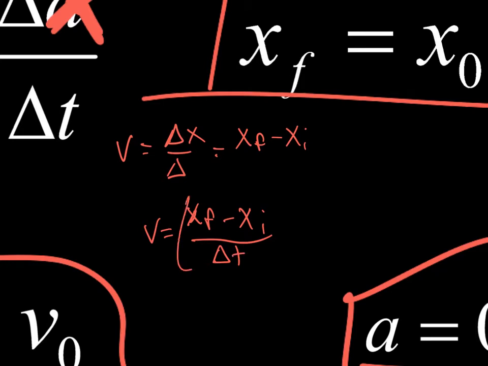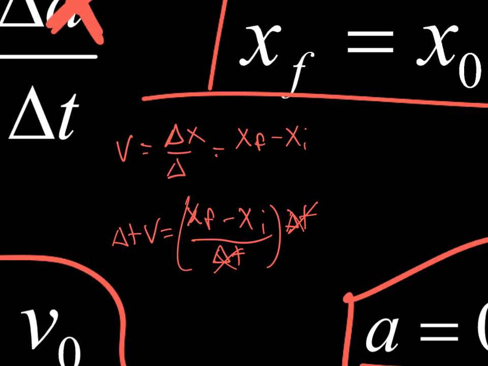So I'm going to rearrange this a little bit. I'm going to multiply delta t by both sides, so they're going to cancel out over here. And this is our first derivation. And when we derive formulas, we're simply getting a new formula from an old formula. We're rearranging it algebraically. We might combine 2 or 3 formulas together to get one formula to find what we want.